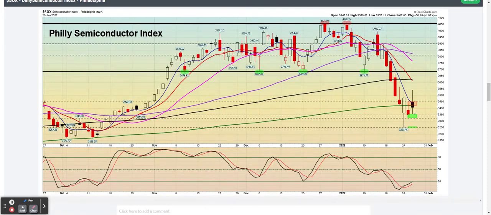Let's take a look at the semiconductor index. For this one, I cannot say that it was bearish. I think it was kind of neutral because it's still hanging around the 200-day moving average. Tomorrow, it can easily gap higher and push higher and use that as a very strong support. If we dip lower, then this has been acting as very strong support also, but now it's trading around these two moving averages. So that says a lot.